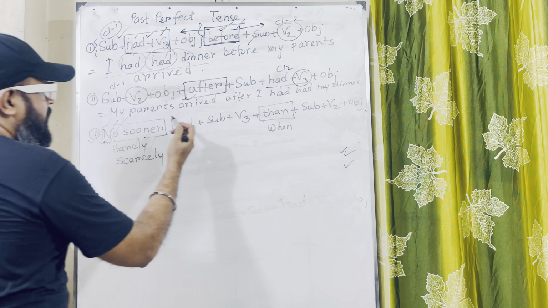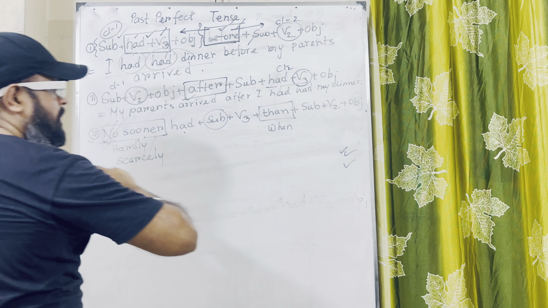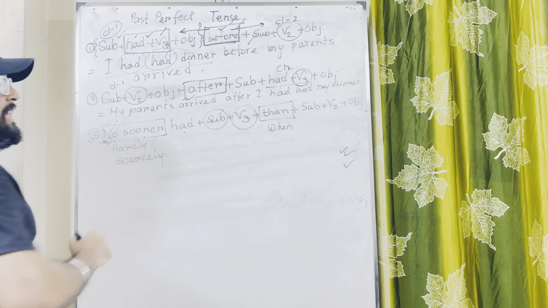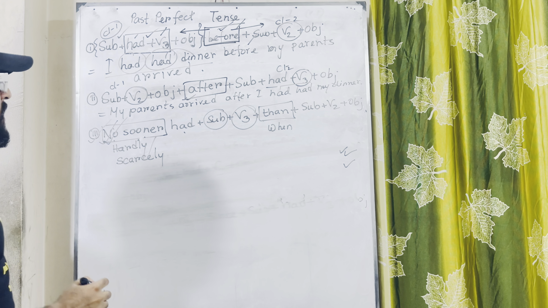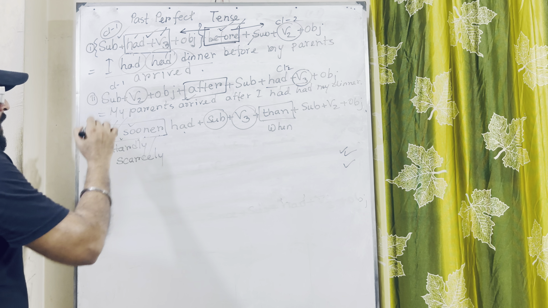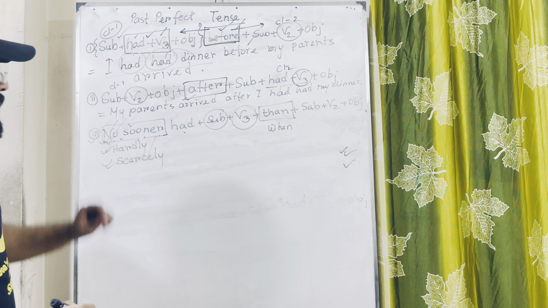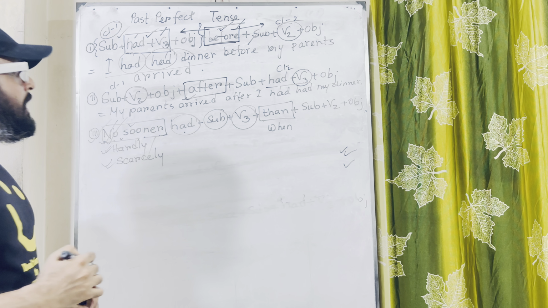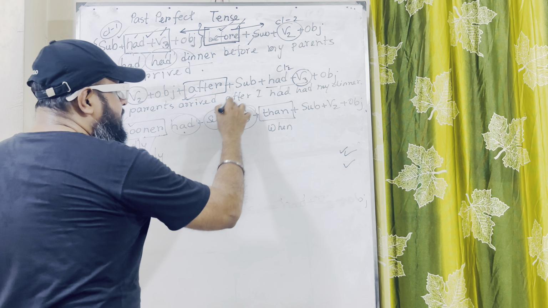Like no sooner had, then comes the subject of clause number 1, and then the verb in past participle form. So here is the structure. No sooner, you can replace the term no sooner with the word hardly or scarcely, followed by the auxiliary verb had, and then comes the subject.